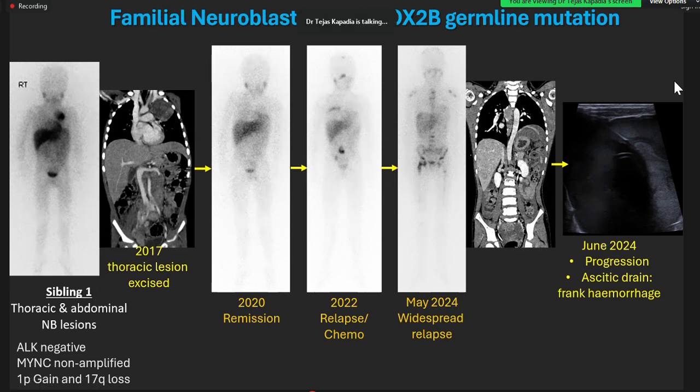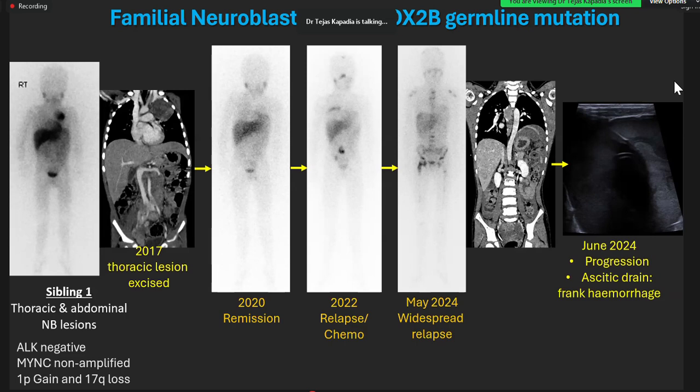So then the discussion is, should we leave it on draining or do intermittent draining, or should we take the drain out? If we take out a large amount of blood from the abdominal cavity, they might not survive.